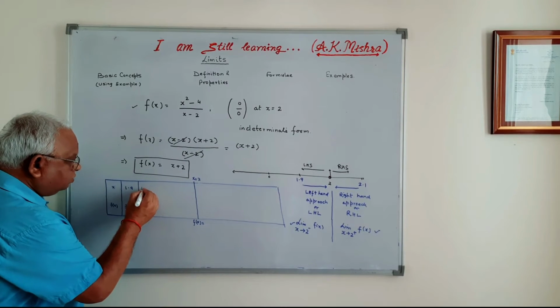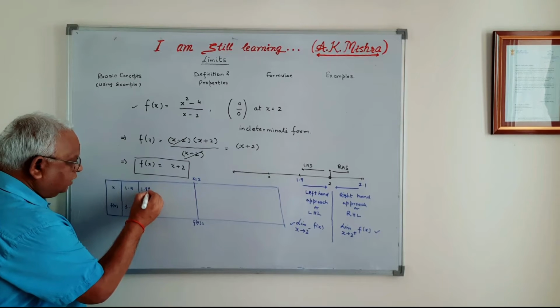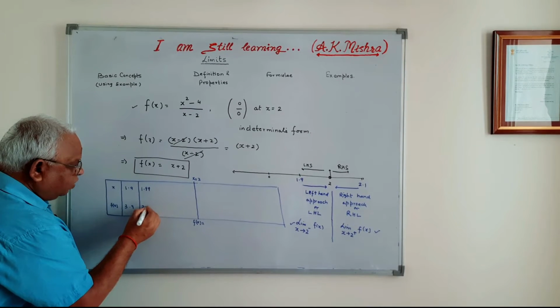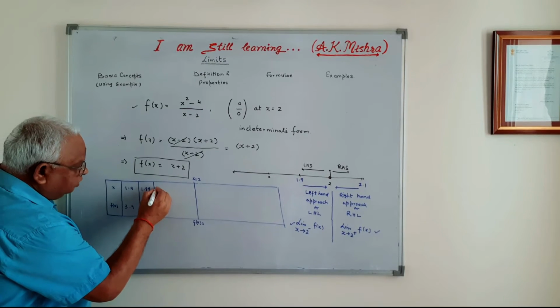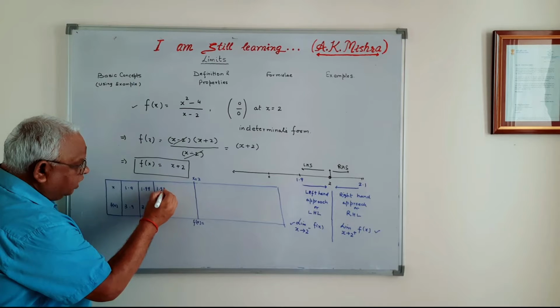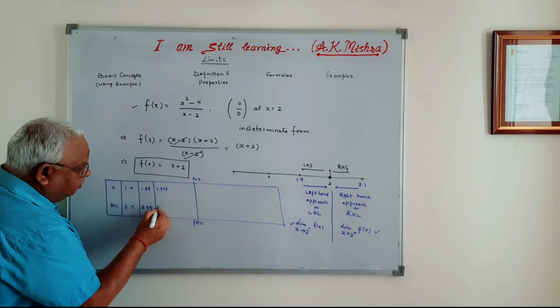Now you take 1.99, so it will become 3.99. Then 1.999, so it will become 3.999.